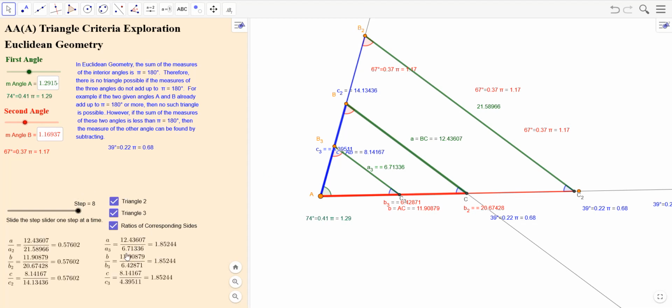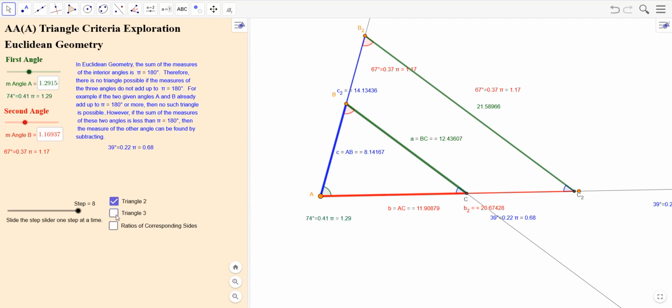If I take a couple of these triangles, let's compare it to the original one. The original one is this one. A, B, and C, with little a, little b, little c as the sides opposite angles A, B, and C. Now look at this second triangle here.